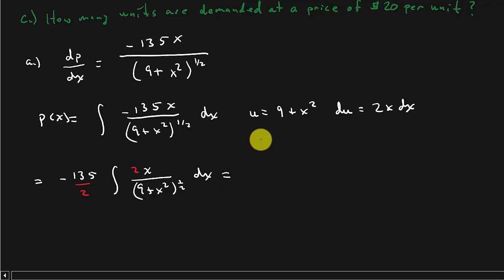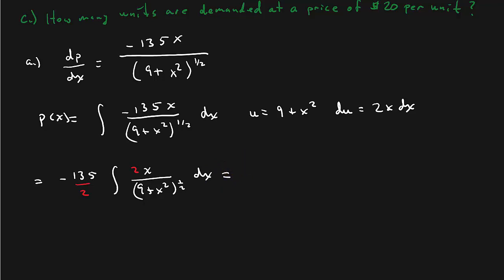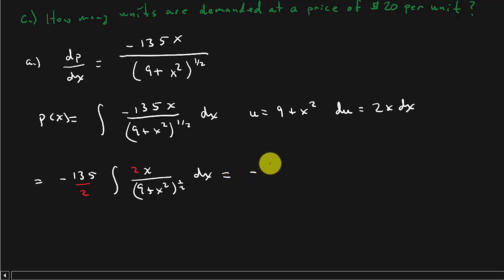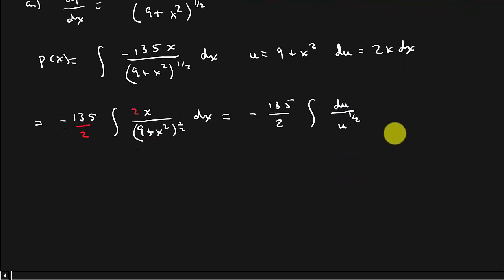And so this is going to give me negative 135 over 2 times the integral. Now the 2x dx can be replaced with du, and the 9 plus x squared is u to the 1/2. And so this is going to give me negative 135 over 2 times the integral, and we're going to have to write that as u to the negative 1/2.